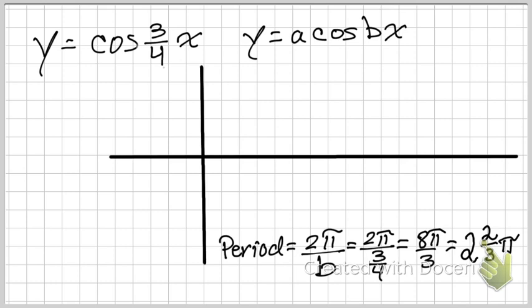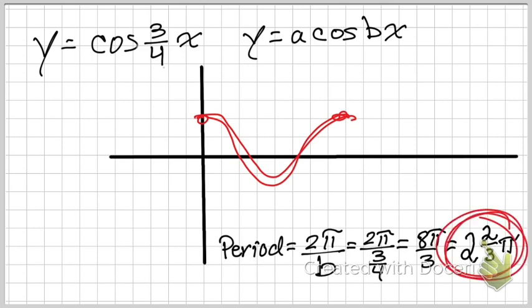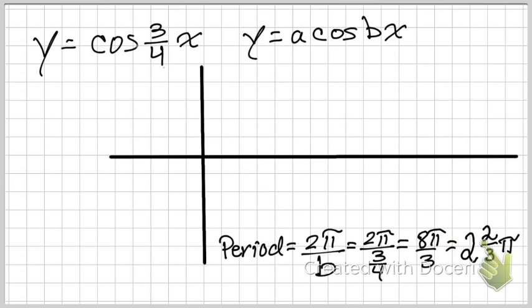So what that means is, if you remember, the cosine graph went like this, right? Just really quickly, it went through that cycle in 2 pi units. So what this period does is we're going to go through that cycle, but it's going to be in 2 2/3 pi units. So how are we going to do that?